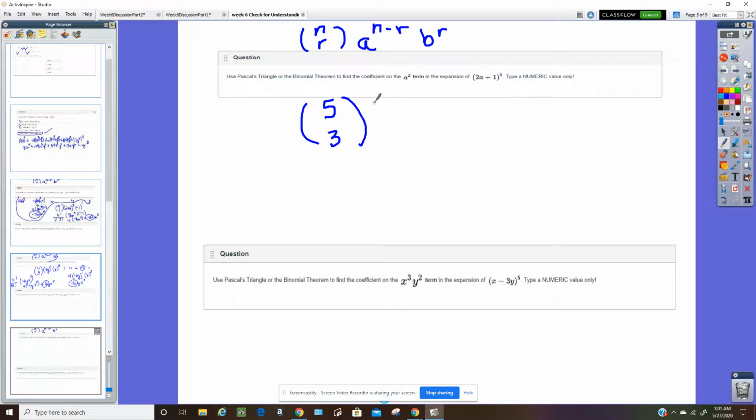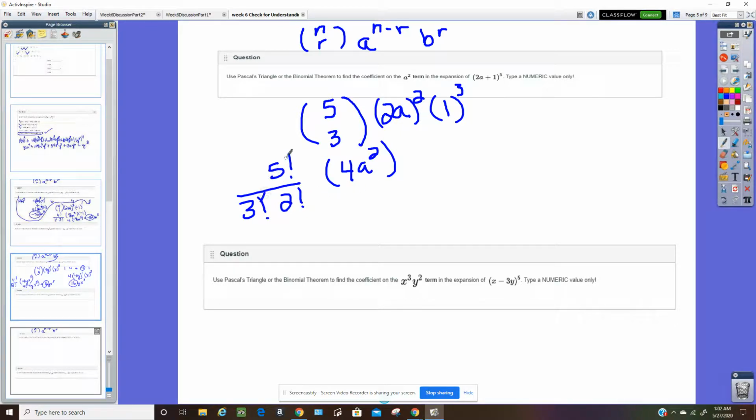So I have 2a to this squared times 1 to the third. So 5 choose 3 would be 5 factorial over 3 factorial times 2 factorial. 2a, the whole thing squared would be 4a squared, times 1 is still 4a squared.